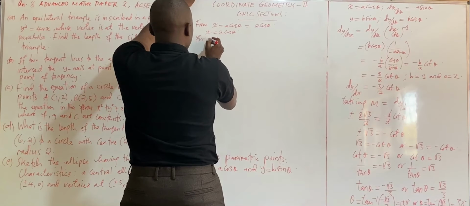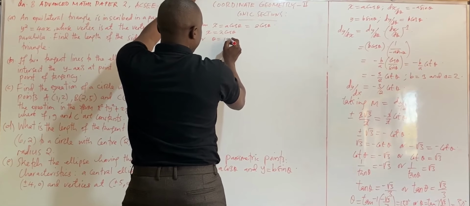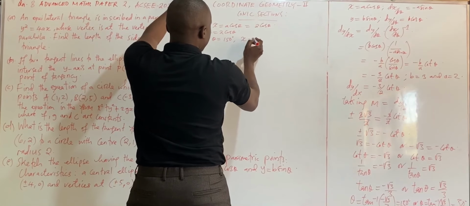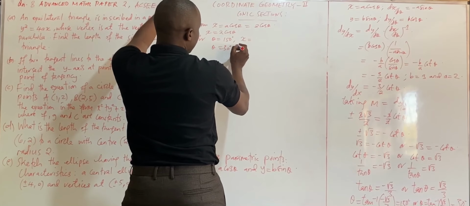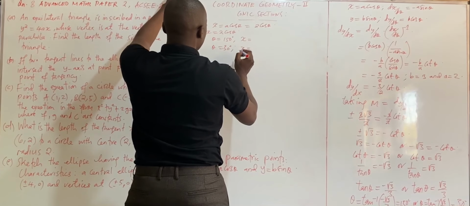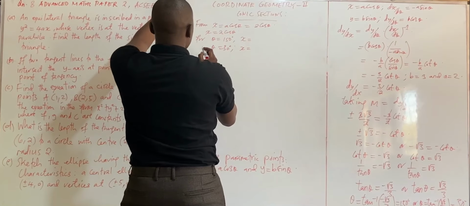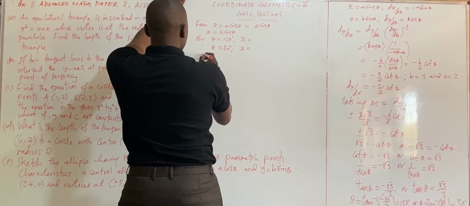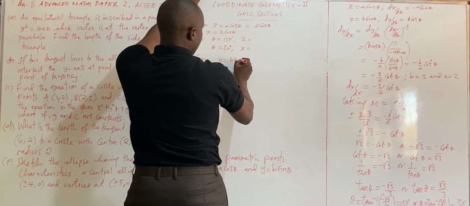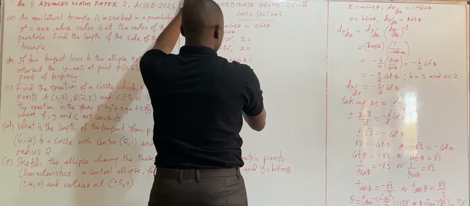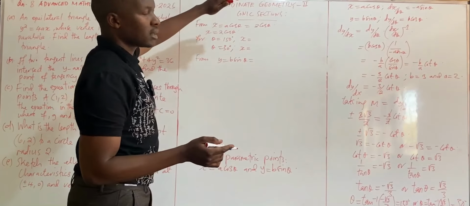Now we say for theta equals 150 degrees, what will be the value of x? And for theta equals 30 degrees, what will be the value of x? Also, from y equals b sine of theta, we remember b was 3.